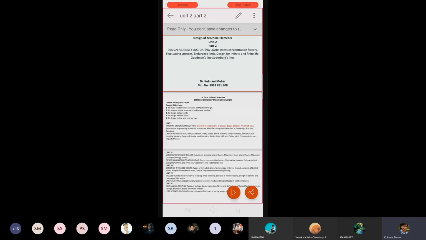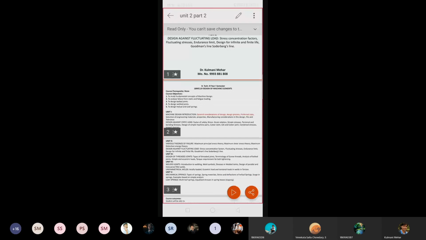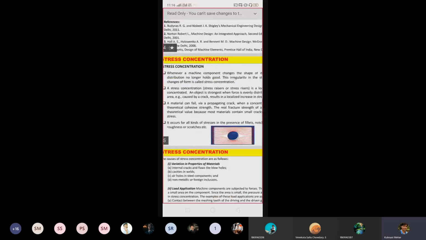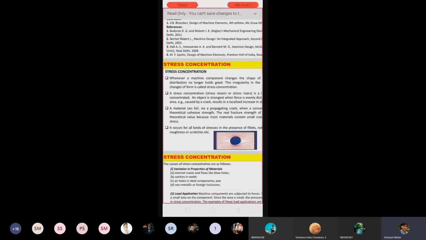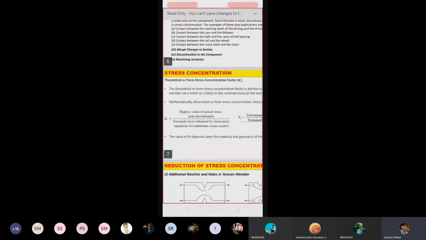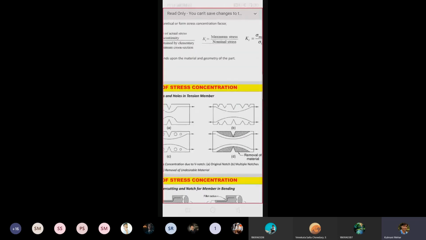Fluctuating load, unit number 2 part 2, has started for your section. Stress concentration factor, has this started for your section? Yes, sir, completed, sir. Okay, means started, we'll check how much is completed. Is this figure completed?